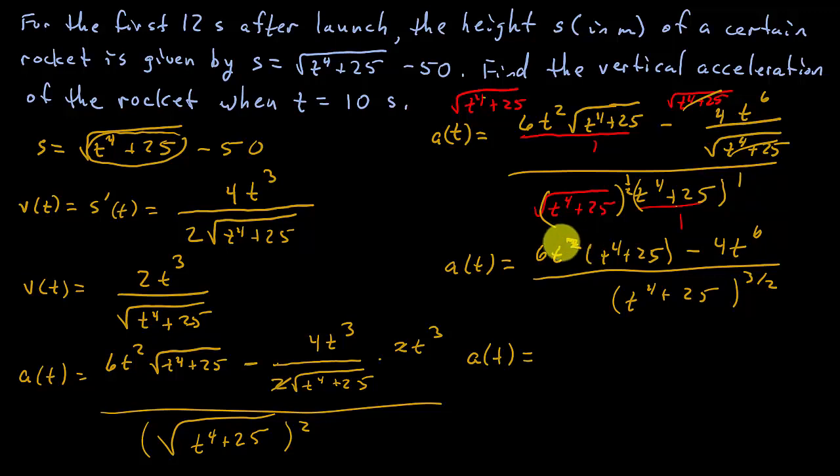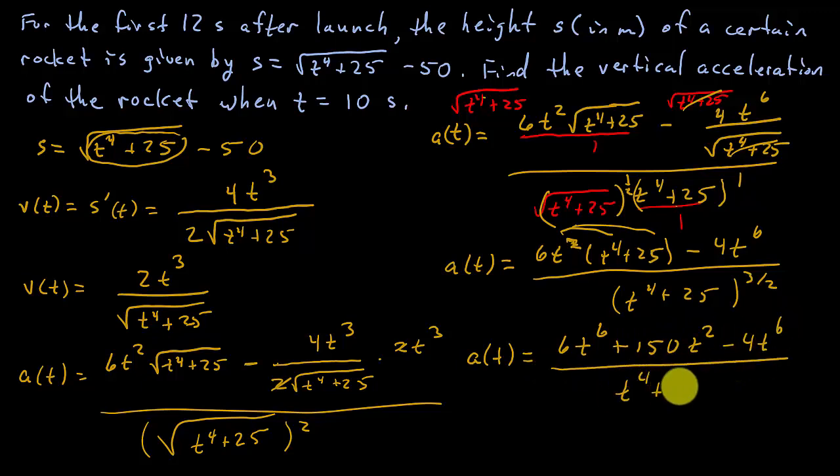So that is going to give me, if I distribute, that's going to be 6t to the sixth plus, and then, oh goodness, let's see, 25 times 6. 25 times 6 is 150, so that's 150 t squared minus 4t to the sixth over t to the fourth plus 25, and that's all raised to the 3/2.